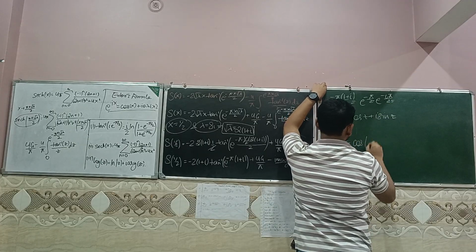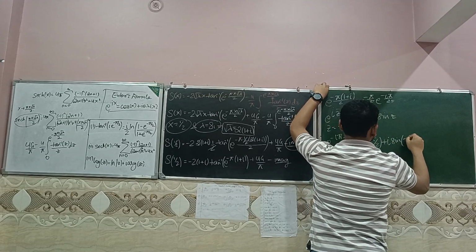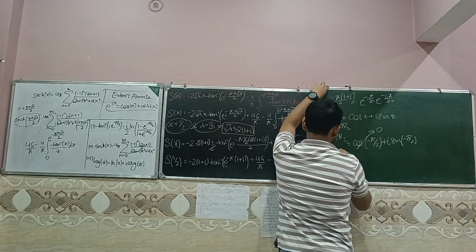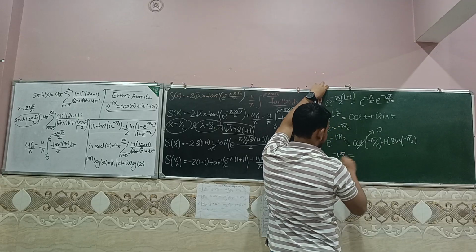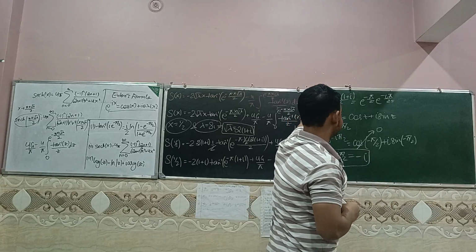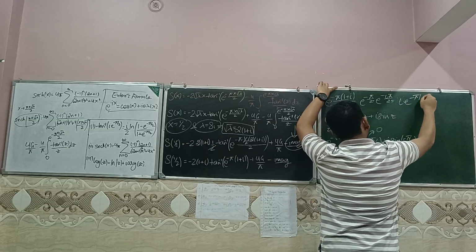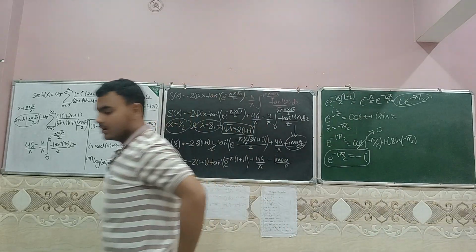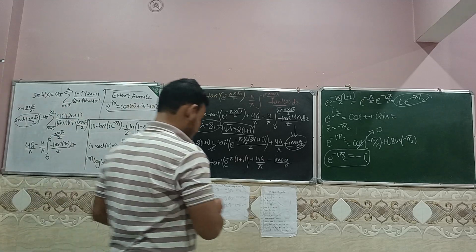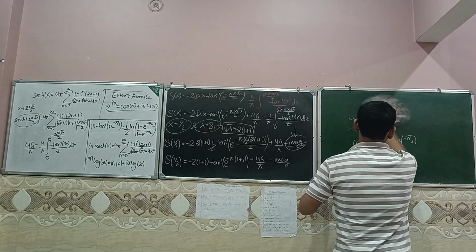So cosine of minus pi over 2 plus I times sine of minus pi over 2. So the cosine becomes 0, and we are having e to the minus I pi over 2 as negative I, right? So we are successfully having this equals I times e to the negative pi over 2, right? So that's what I meant to make you understand. So this is I times e to the minus pi over 2.